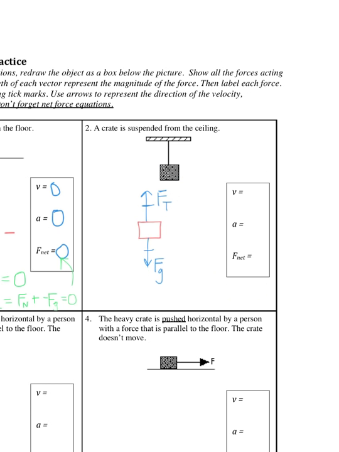All right, hopefully you have something like this, gravity pulling down, tension pulling up. There's no surface. A string's not a surface, and that ceiling isn't touching the box, so there's no surface in my diagram. No surface is touching the box. So I've got gravity pulling down, tension pulling up. It's still motionless, so still no velocity, no acceleration, and those forces are balanced, so there's no net force.